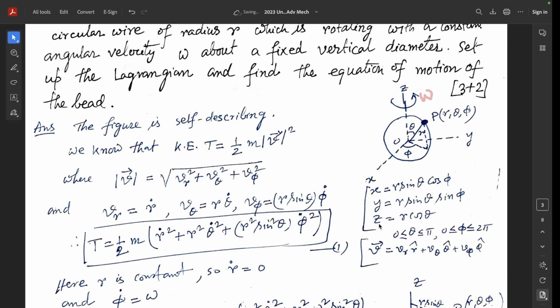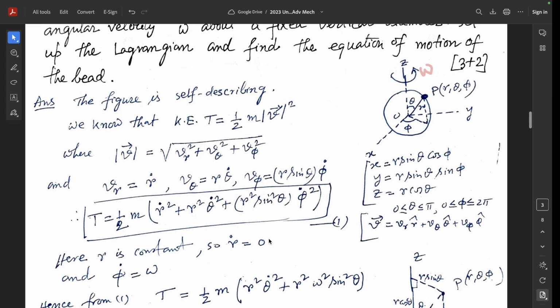So vr equals r dot, v theta equals r theta dot, and v phi equals r sin theta phi dot. Here x is r sin theta cos phi, y equals r sin theta sin phi, and z equals r cos theta. Hence, putting all these, T equals half m bracket r dot square plus r square theta dot square plus r square sine square theta phi dot square. This is expression 1 for kinetic energy T.